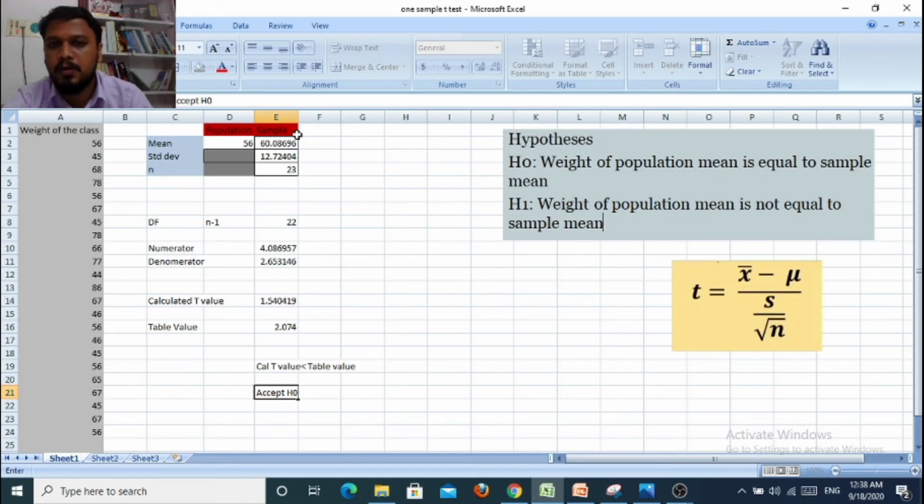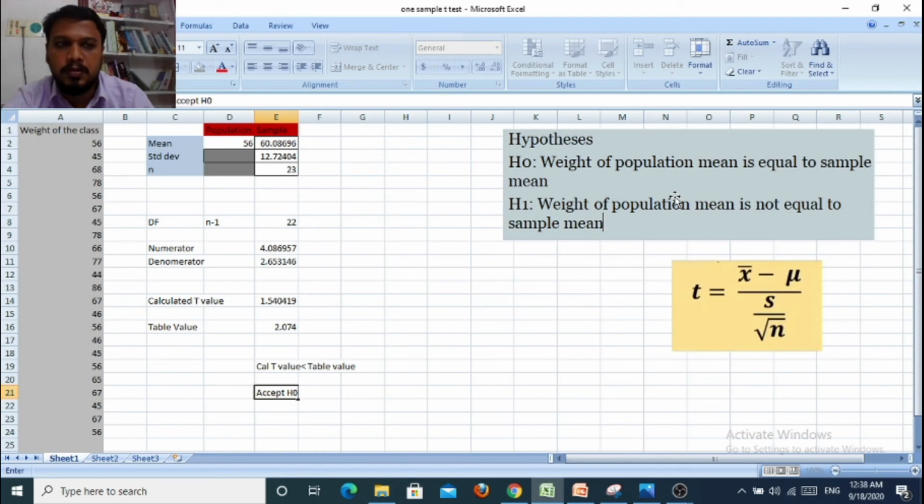So we perform one sample t-test with the formula given here. Since the calculated t-value is less than the table value, we accept H naught, saying the weight of the population mean is equal to the sample mean. This is about one sample t-test.